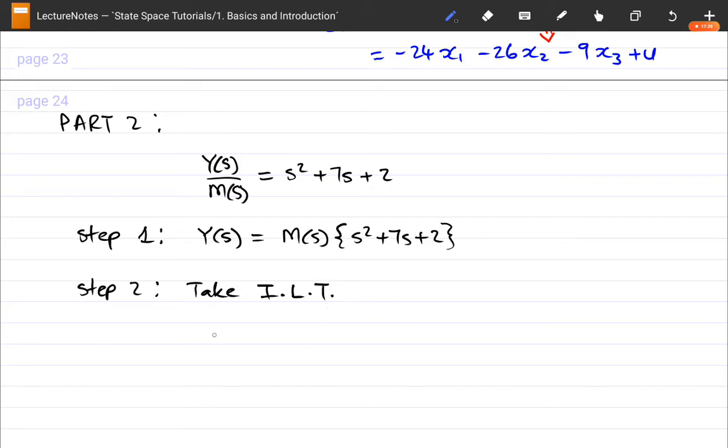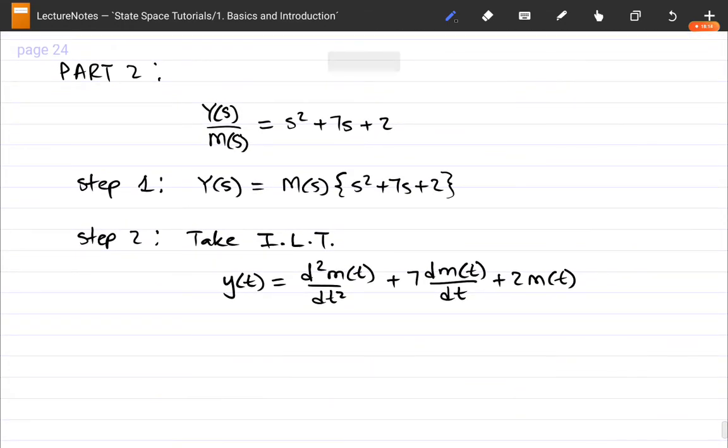And if we take the inverse Laplace transform, what do we get? We get y of t is equals to the second derivative of m of t with respect to time plus 7 first derivative of m of t with respect to time plus 2 m of t.